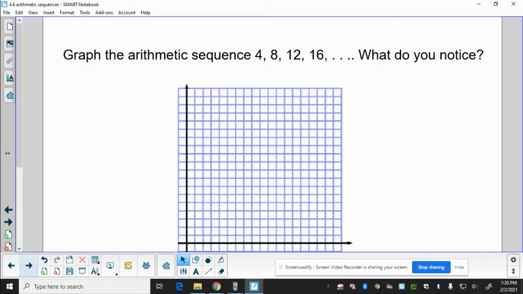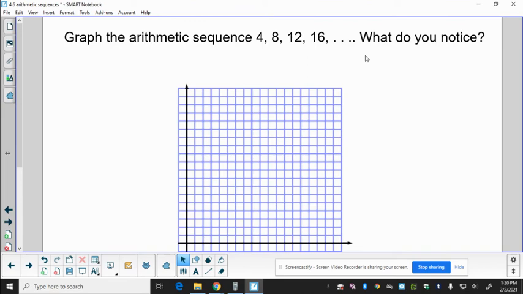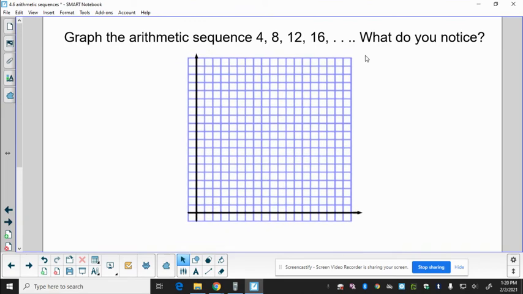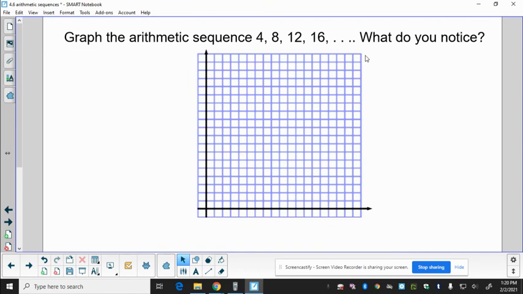What if we were to graph an arithmetic sequence? I wonder what that would look like. So if I were going to do this, now you don't actually have to graph this. I want you just to watch what happens. So if I were going to graph this, I'll make my x-axis the terms of a sequence.